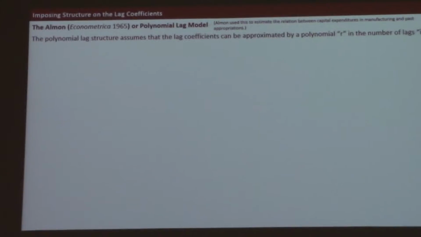We're imposing structure on those lag coefficients. And remember the problem with the lag coefficients: this thing called multicollinearity. What multicollinearity does is it creates imprecision in our regression coefficients.